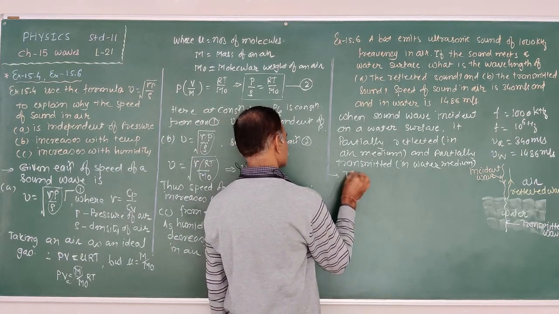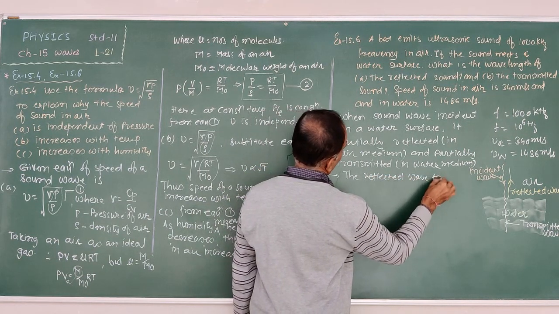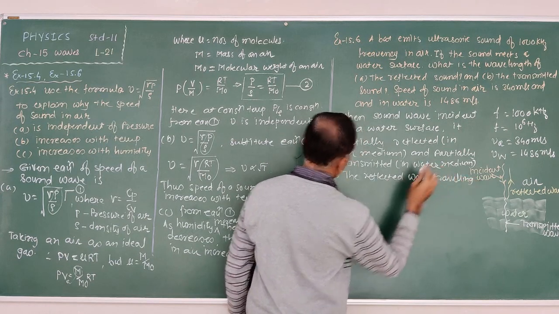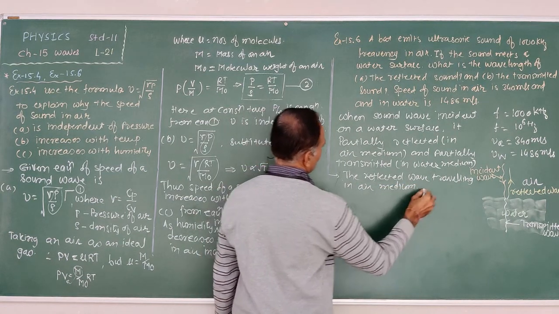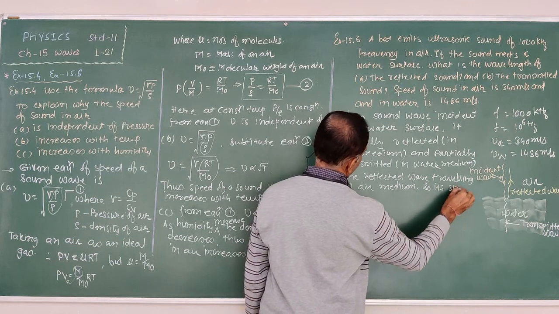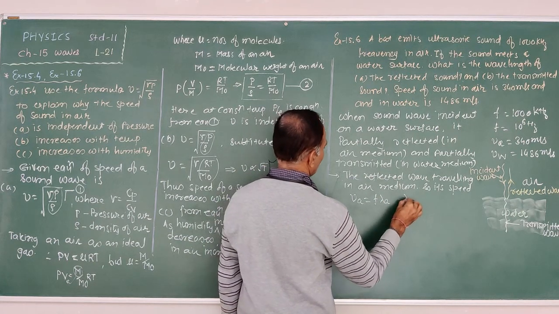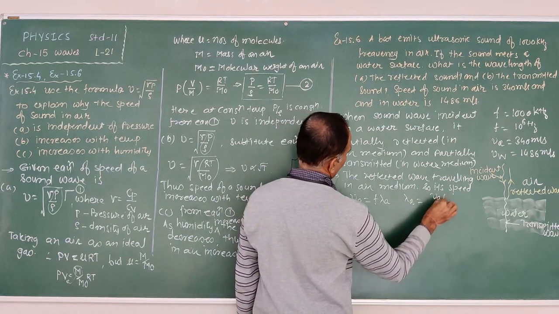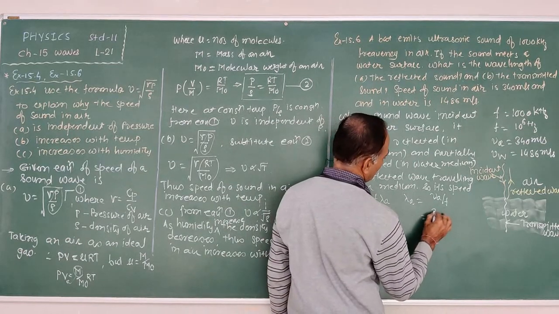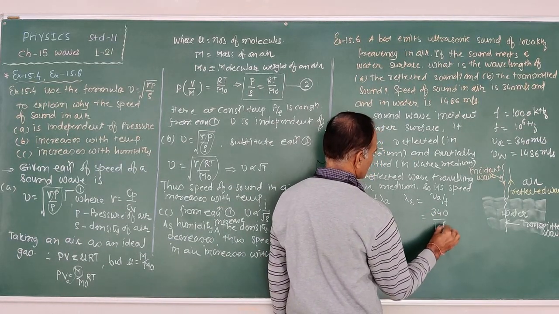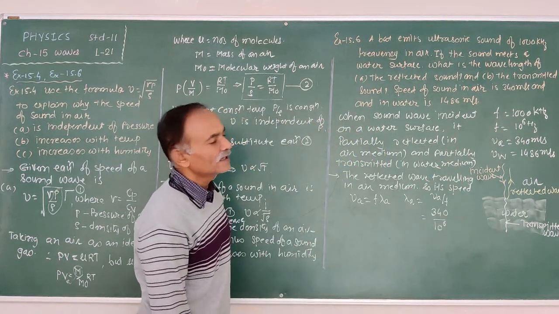Therefore, the reflected wave traveling in air medium, so its speed VA is equal to F lambda A. Therefore, lambda A is equal to VA upon F. VA is given 340, F is 10^6 hertz because it is 1000 kilohertz.